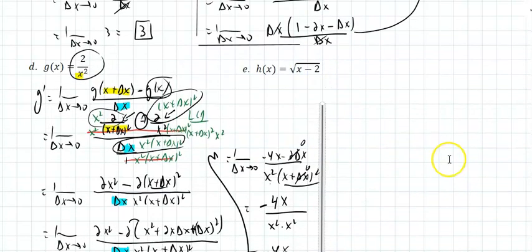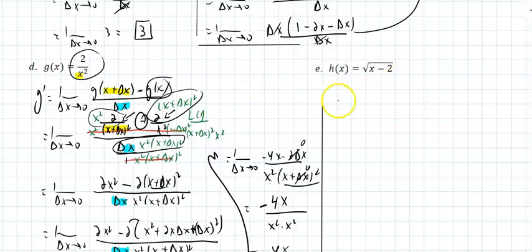Now with a radical, we already dealt with a radical. If I want to find the derivative, that's the limit as delta x approaches 0 of h of (x plus delta x) minus h of x, whole over delta x.